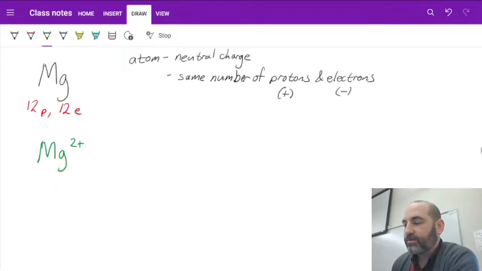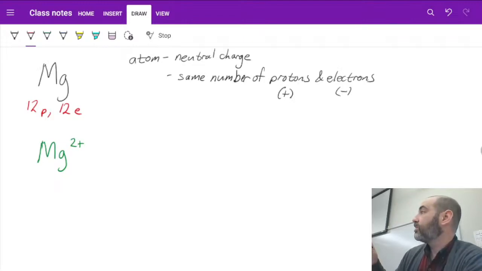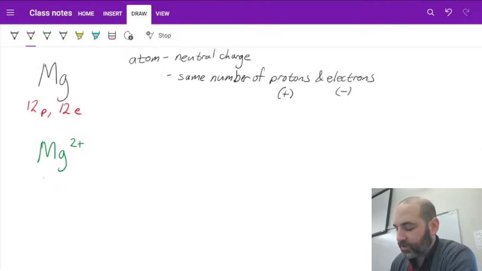Well, it's got two extra positive charges, but that does not mean that we add more protons, because if you remember from that activity, the number of protons determines the type of atom that it is. If we add more protons, we'd have 14 protons, which would actually make it silicon instead of magnesium, because it would be number 14. So this still has to have 12 protons.